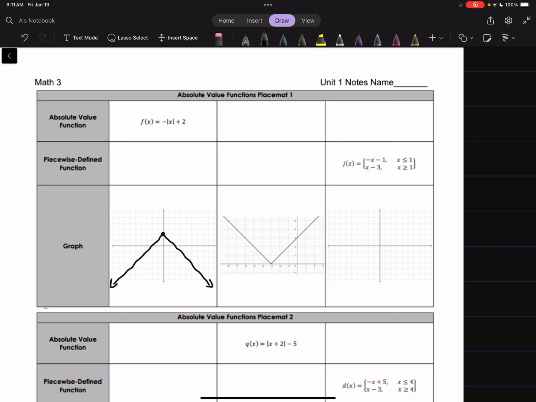I encourage you to try these by hand first. Okay, once you have the graph, we're going to identify our slope on the left and right hand side. This is going up 1, right 1. Okay, our slope is 1.